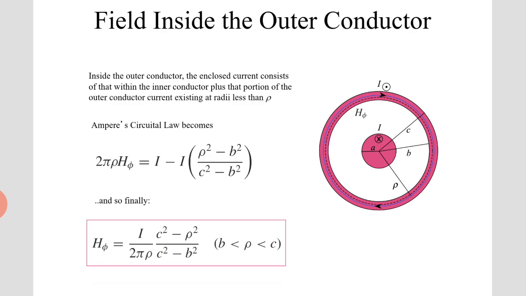So finally H phi is equal to I divided by 2 pi rho, times c square minus rho square, divided by c square minus b square. This is the field available inside the outer conductor, where rho is greater than b and less than c. You can also see this in the diagram.